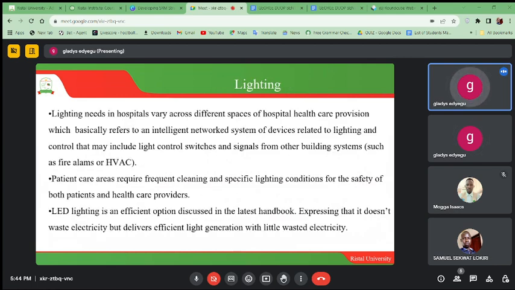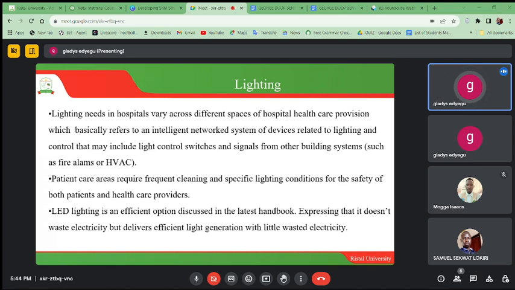When you talk about lighting, we need lights in hospitals, and it varies across different spaces of the hospital. Healthcare lighting basically refers to an intelligent networked system of devices related to lighting.